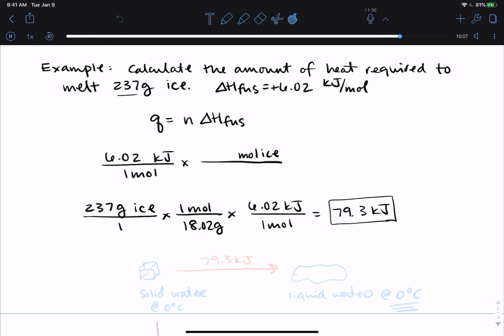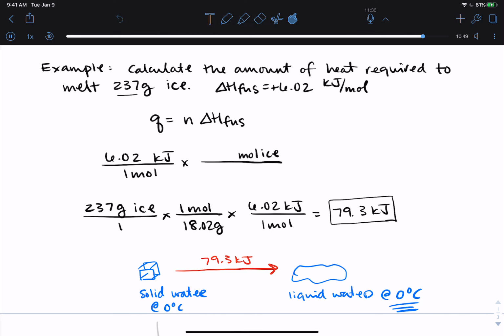And just a reminder, based on how this problem is labeled, we start with solid water at 0 degrees Celsius, and then we put in 79.3 kilojoules of heat. What we have at the end is liquid water at 0 degrees. It is the exact same temperature.